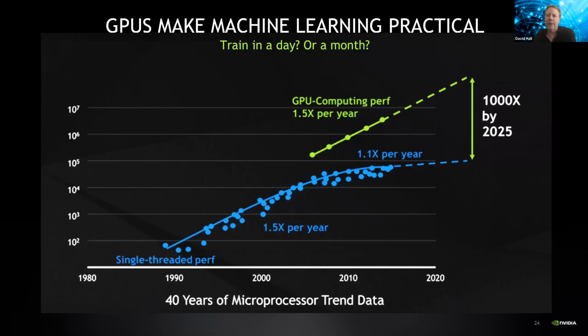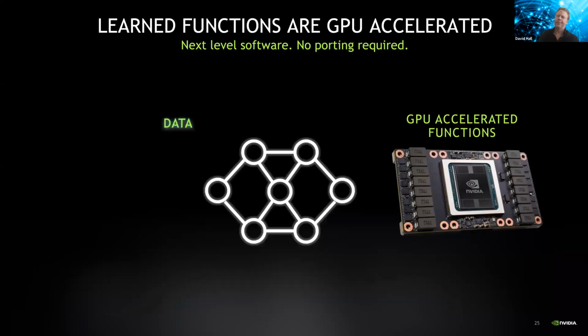GPUs are the tools that make machine learning practical. With a GPU, you can train a machine learning model in minutes or hours. Without it, the same model will take you days or maybe even weeks. And the compute advantage provided by GPUs grows larger every year. While year-over-year performance growth of CPUs has slowed to a trickle, the opposite is true for GPUs, with the latest generation of NVIDIA's A100s providing 20 times the peak performance of the previous version.